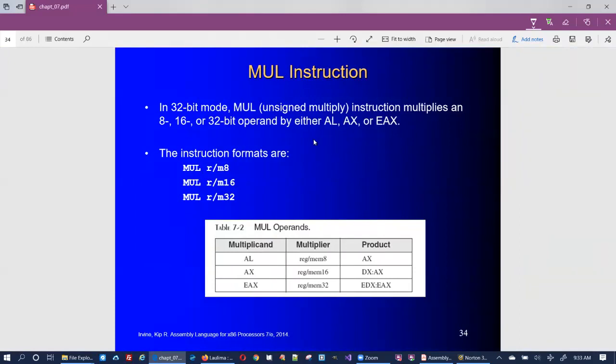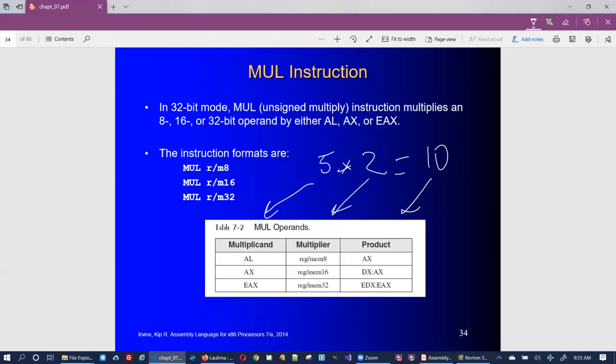For the multiplication instruction, there's unsigned multiply and signed multiply, taking care of whether numbers can be negative or not. The formats are like this. There's a multiplicand and a multiplier. So 5 times 2 equals 10. The multiplicand is the first one, the multiplier is the second one, and the product is, of course, the result.